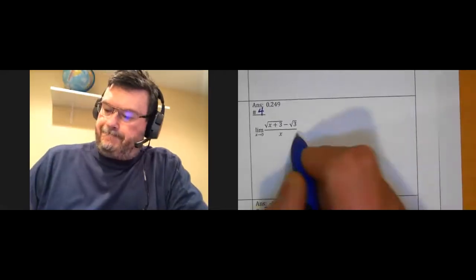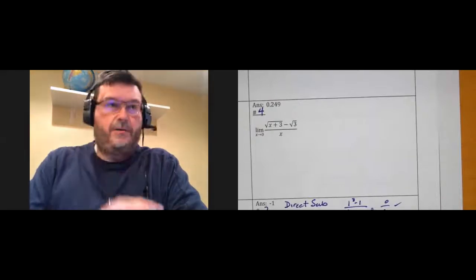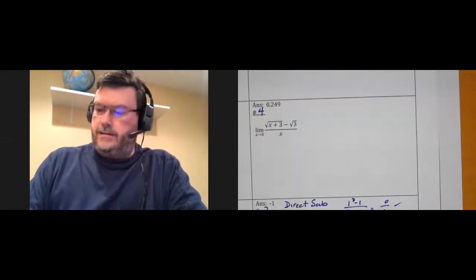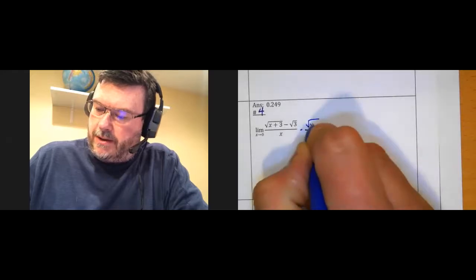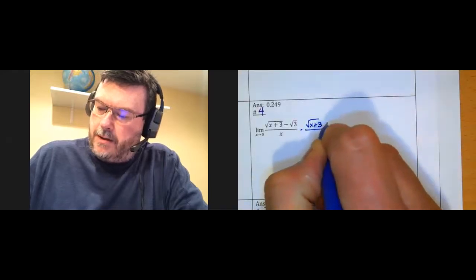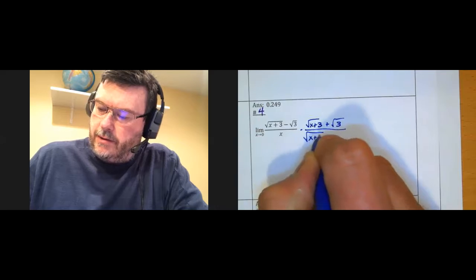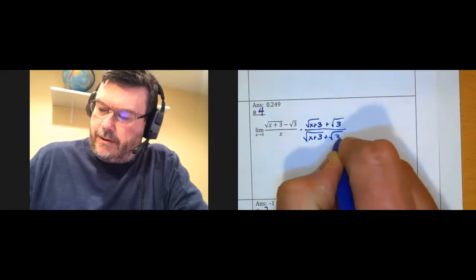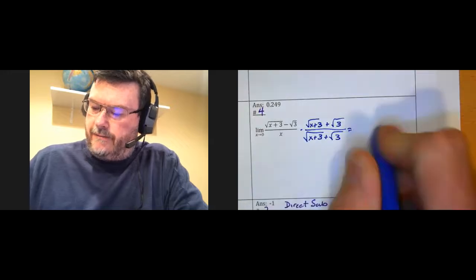All right. So in this case, what we have to do is if we direct substitute the 0 in, we get that indeterminate form. So what we're going to do is multiply the top and the bottom by the conjugate of the top. And reminder that we're trying to get rid of that.